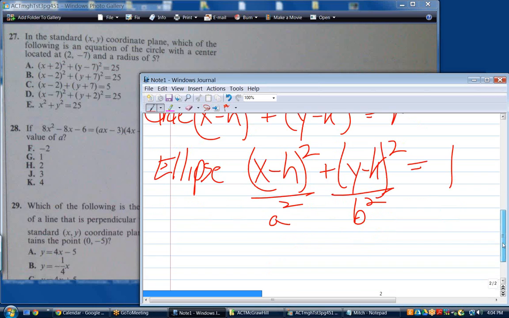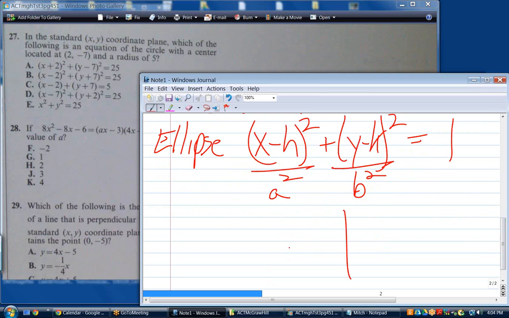In other words, if I draw a picture of this ellipse, the long radius is A, short radius is B.